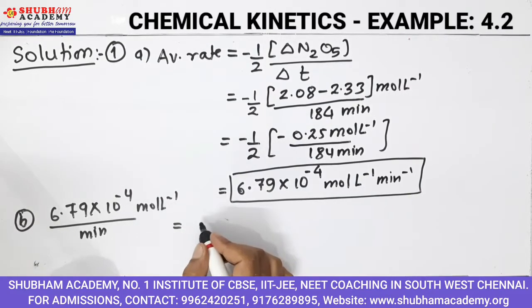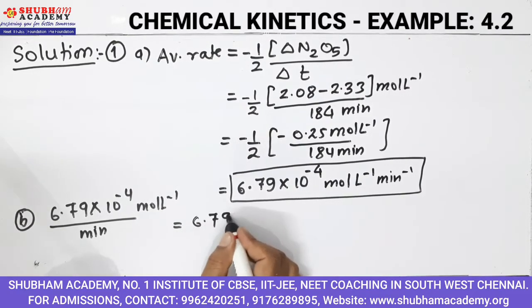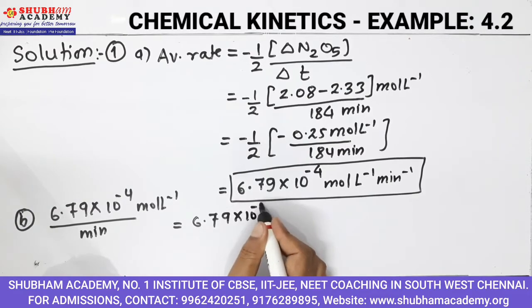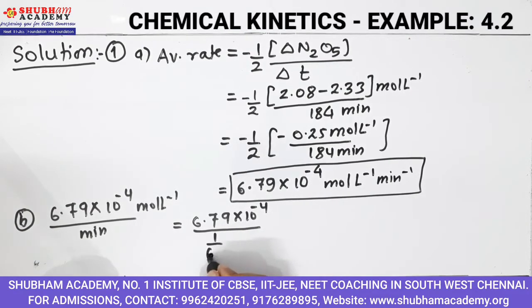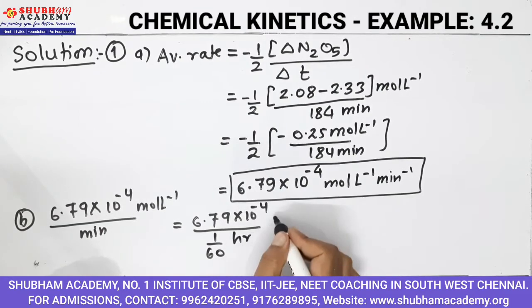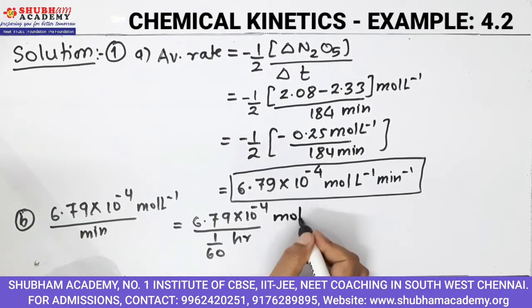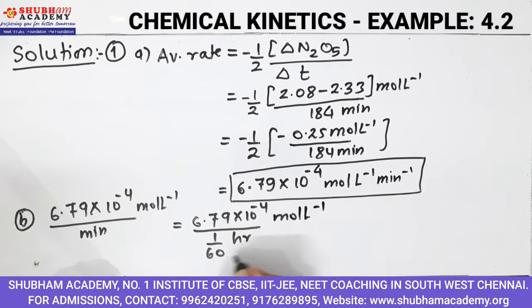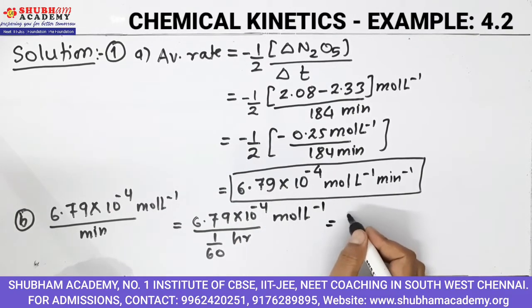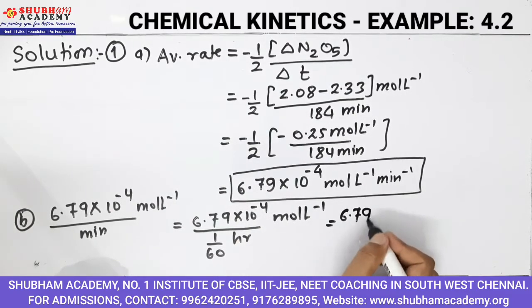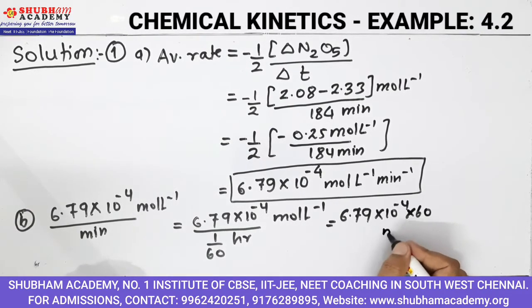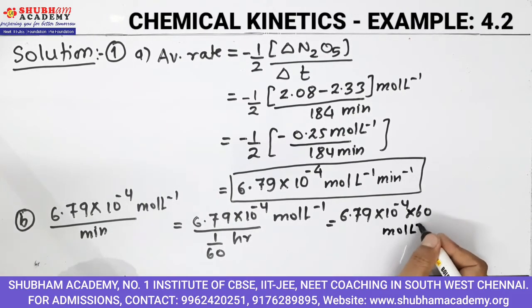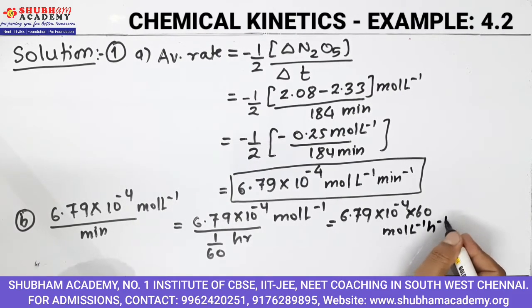So, this becomes equal to 6.79 into 10 power minus 4 divided by 1 by 60 hour and this is mole liter inverse. So, this 60 will go up. So, you will get 6.79 into 10 power minus 4 into 60 and unit is mole liter inverse hour inverse.